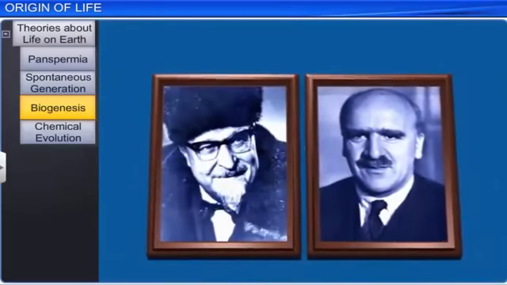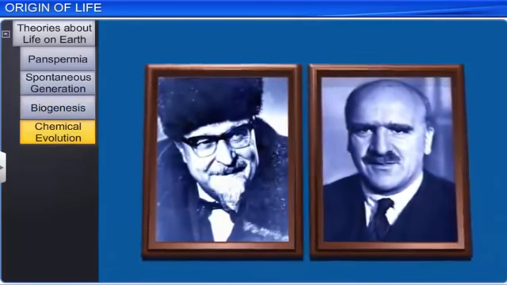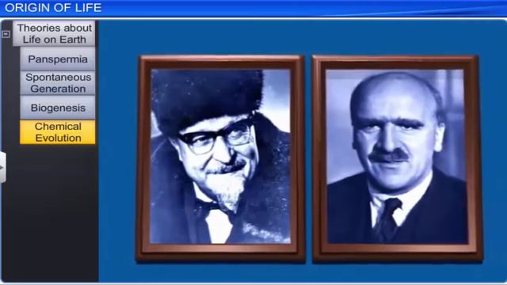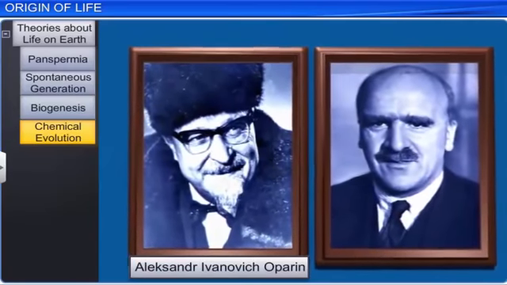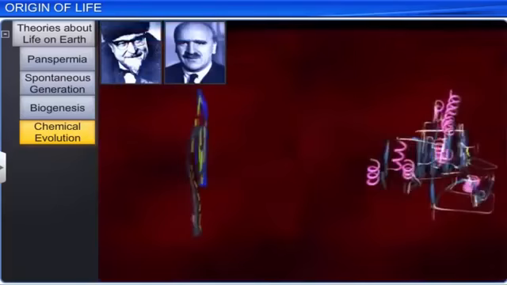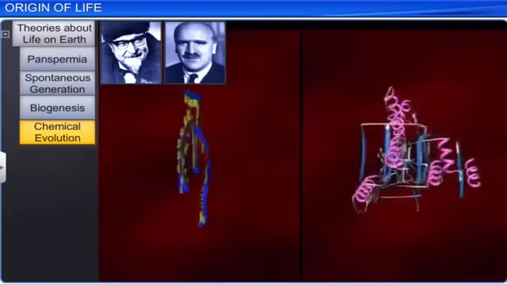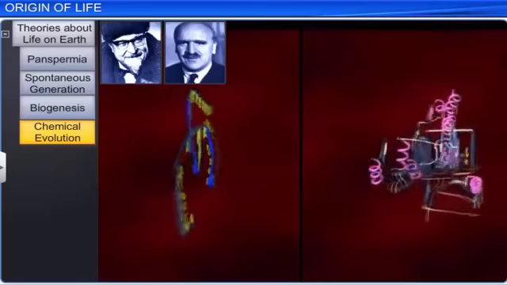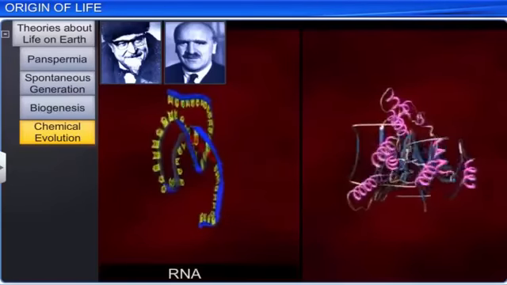Another theory, called the theory of chemical evolution, was expounded by Russian scientist Alexander Ivanovich Oparin and British scientist John Burdon Sanderson Haldane. They proposed that the first form of life originated from pre-existing non-living organic molecules such as RNA and protein.